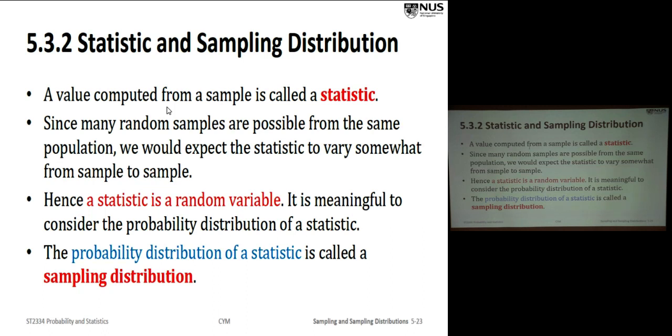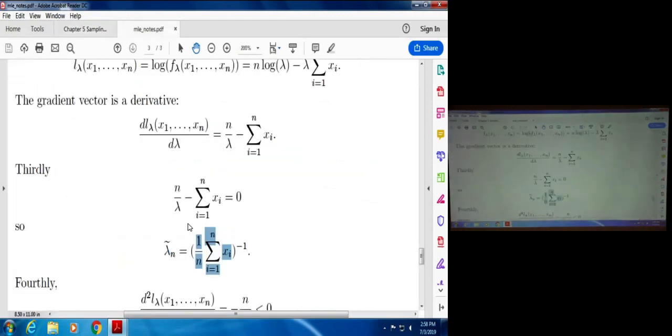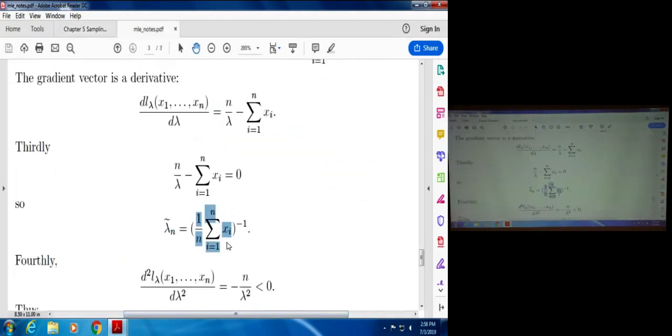It is meaningful and useful, as we're going to see in a moment, to consider the probabilistic distribution associated to a statistic. The distribution of such a statistic is called the sampling distribution. Remember, this is the mean from a given realization of data, but I could get a different sample and another different sample.